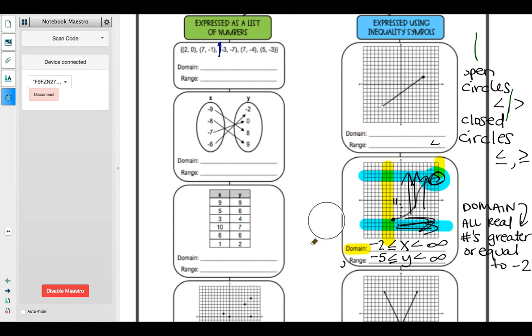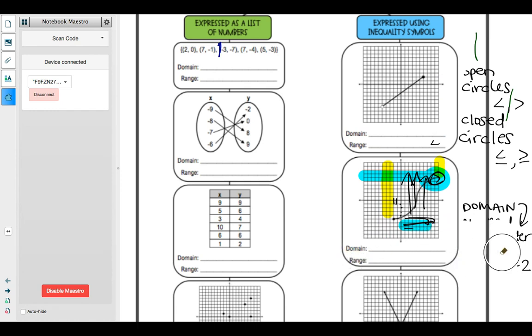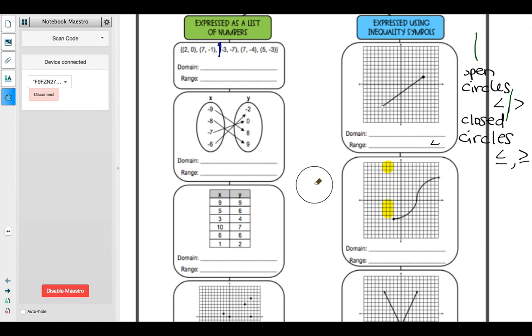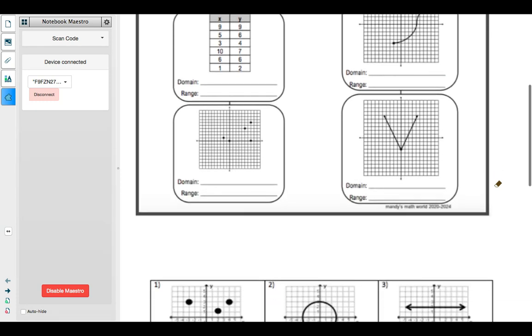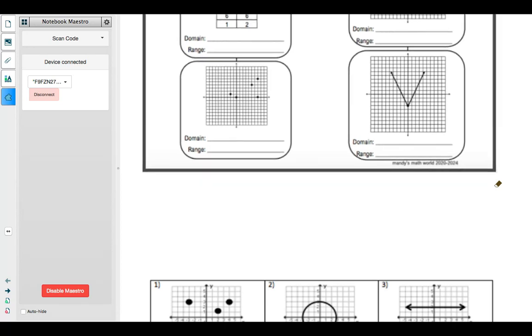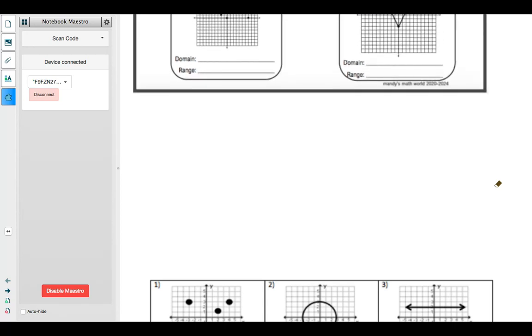Domain and range is a really big concept in Algebra 1. So please, please, please, if you have questions, please let me know. That way we can look at it together, especially if you are not with me today in class.